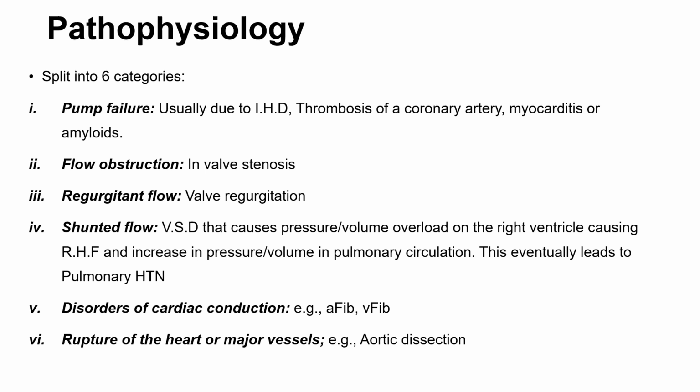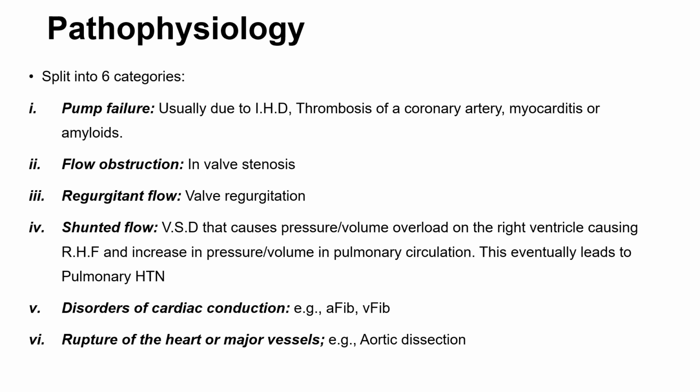We also have shunted flow. This is common in children. Ventricular septal defects, where we have an opening from one side of the heart into another. This causes pressure and volume overload on the right ventricle, causing right-sided heart failure. Remember we talked about tetralogy of Fallot.